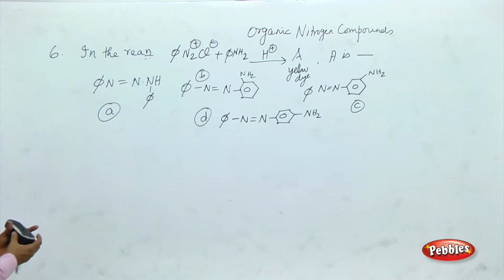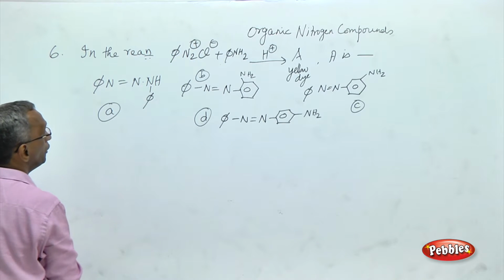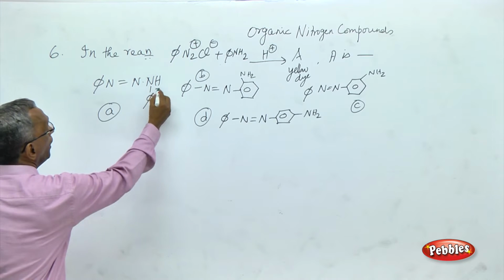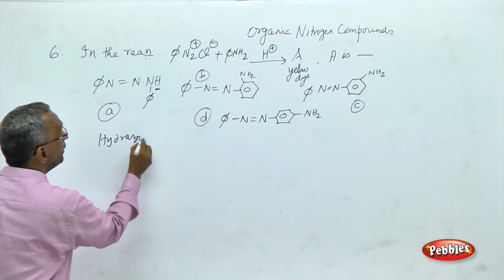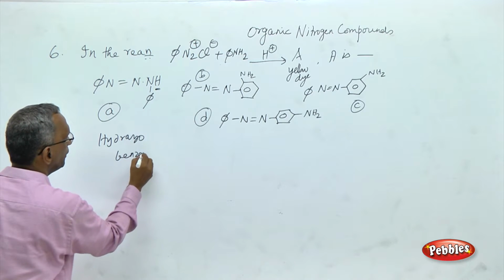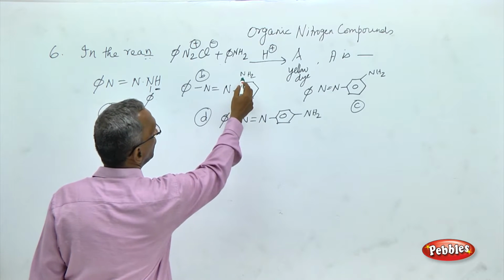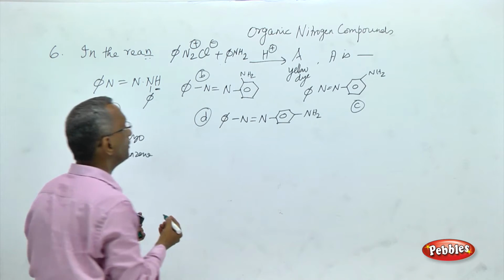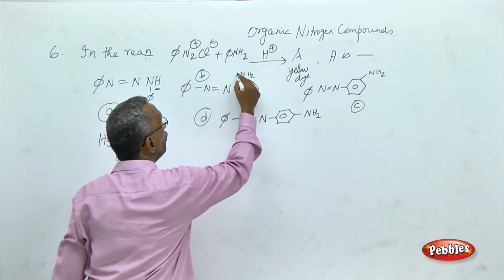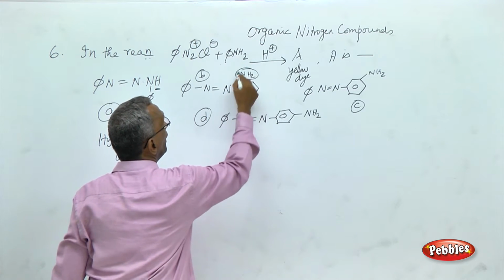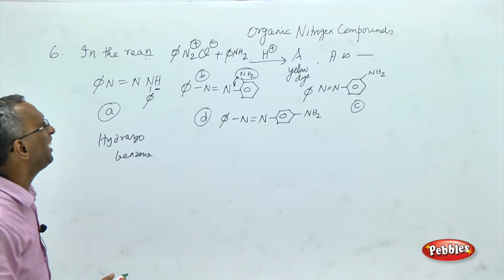The first one is called hydrazobenzene. The N double bond N with C6H5 units is called azobenzene, and since one hydrogen is there, it is called hydrazobenzene. The second one is azobenzene, but 2-aminoazobenzene. So it is azobenzene, but with an amino group in the ortho position, where adjacent steric groups are there, so it is less stable.